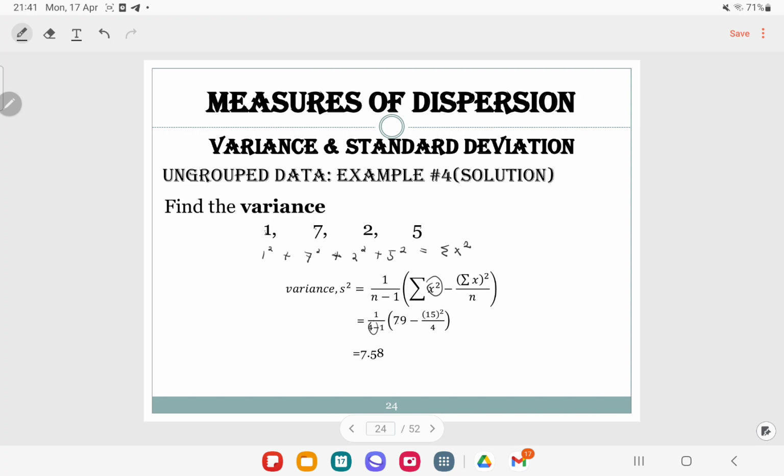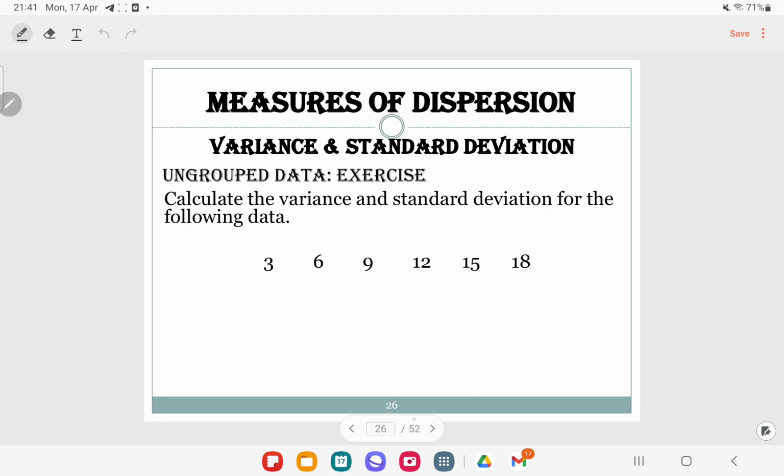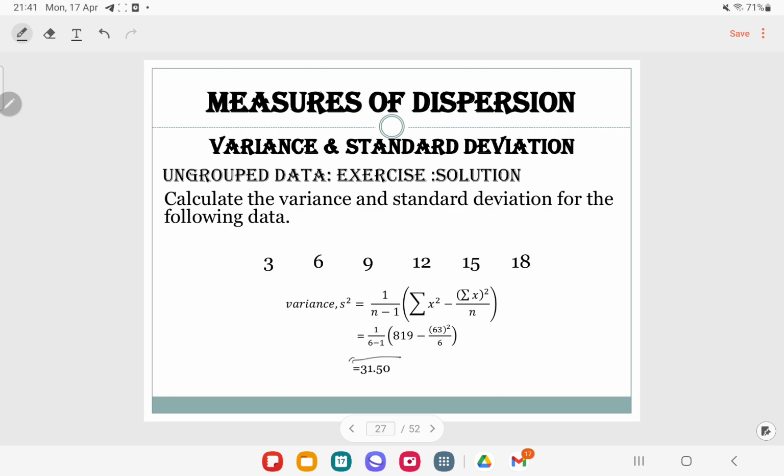Then summation of x: 1 plus 7 plus 2 plus 5. Once you have these, plug them into the formula and you get the variance value. You can try this one and the answer is 31.50.